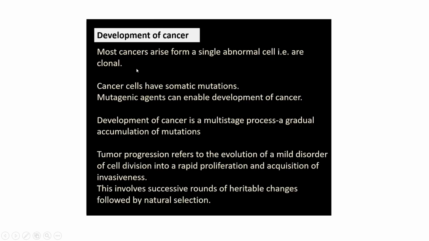So, development of cancer, as you know, occurs through somatic mutations. Most cancers arise from a single cell. If there are aberrant changes in a single cell such that it loses the general characteristics of regulation, the apoptosis pathway is the main target of the cancer cell.